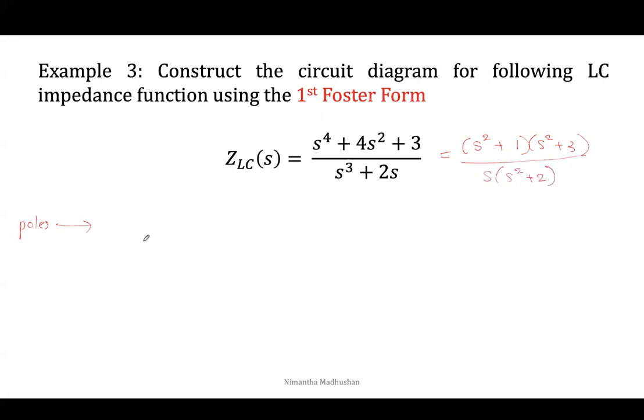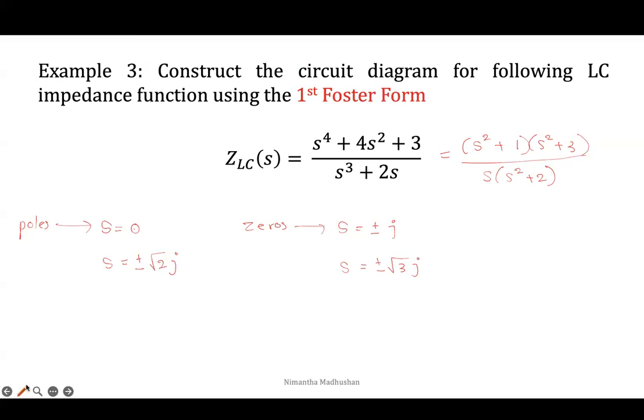From the denominator, we can obtain 3 poles: s equals 0 and s equals plus or minus root 2j. These are the poles, and we can obtain zeros from the numerator: s equals plus or minus j and s equals plus or minus root 3j. These are the zeros.